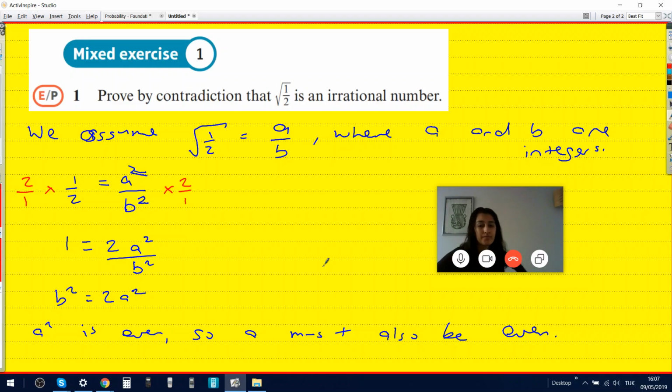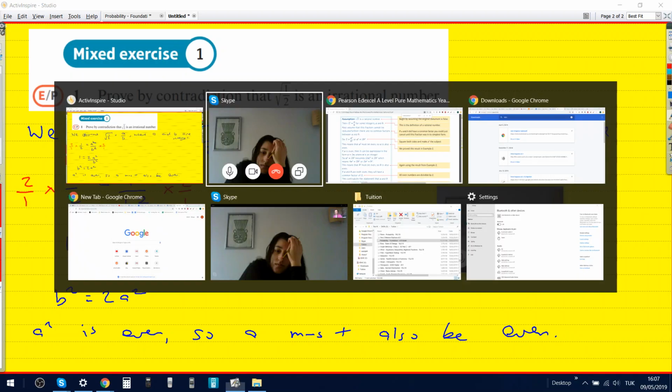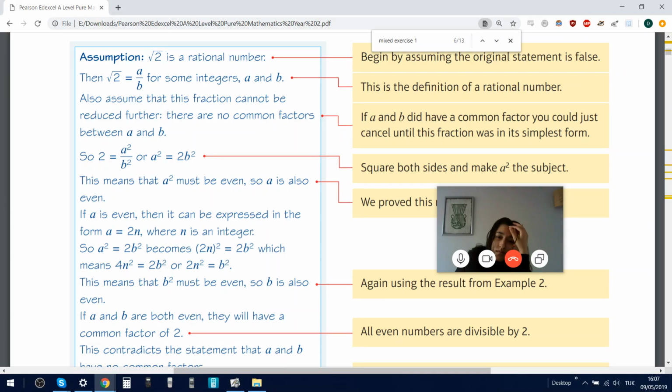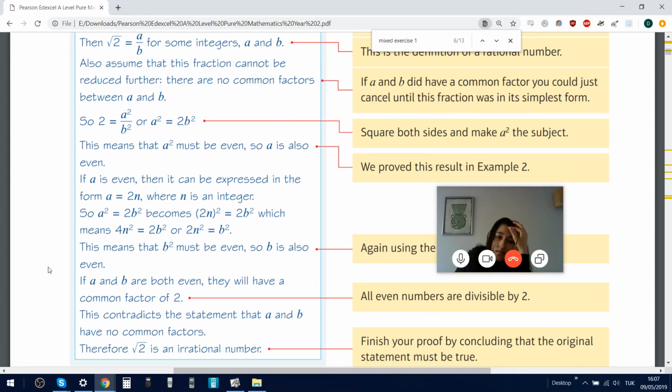Okay. So we now show that b squared is also even. Have we already shown that? If a is even, then it is expressed in the form a equals 2n.